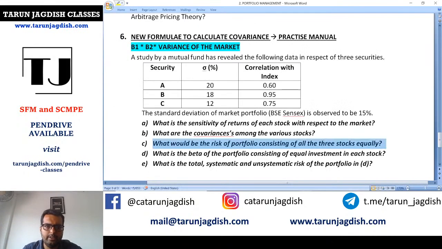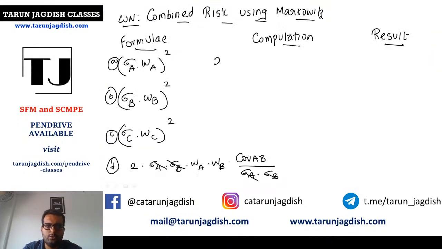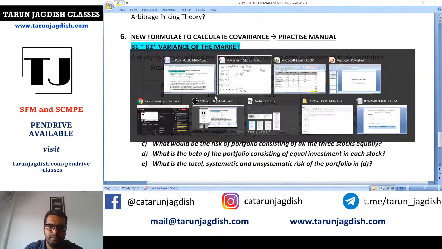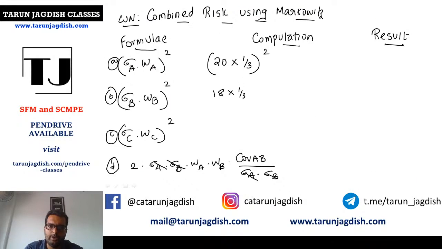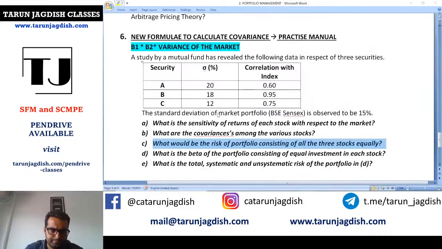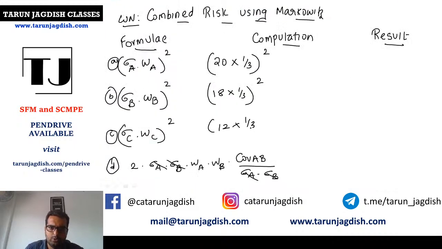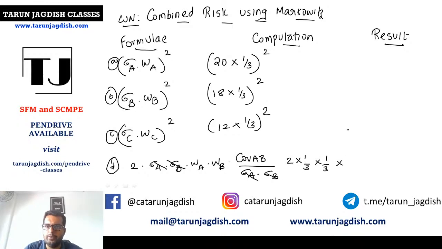So here it will be standard deviation A 20 into 1 by 3 the whole square, 18 into 1 by 3 the whole square, 12 into 1 by 3 the whole square. Here it will be 2 into 1 by 3 into 1 by 3 into covariance AB we found out here 205.2.